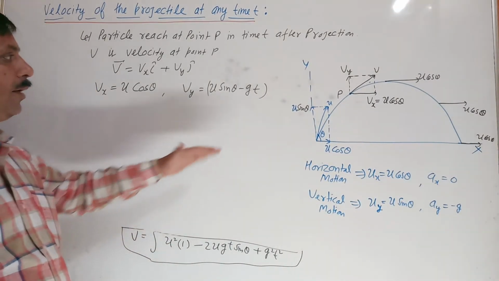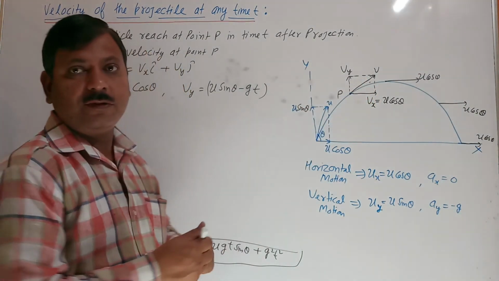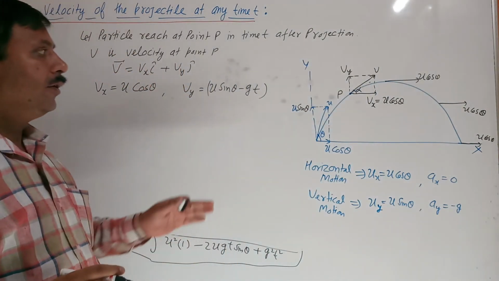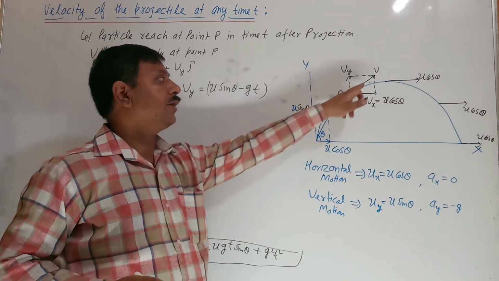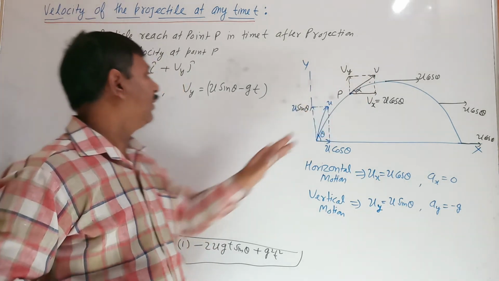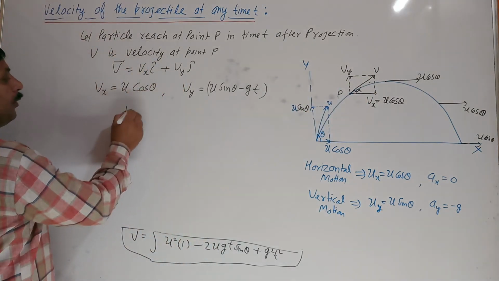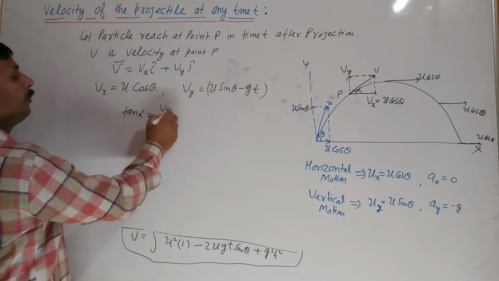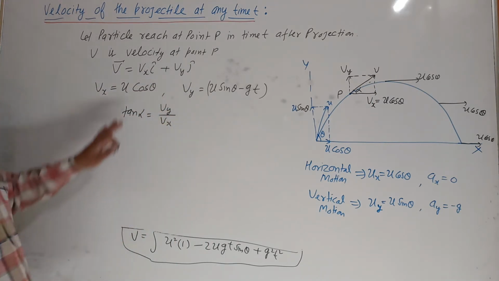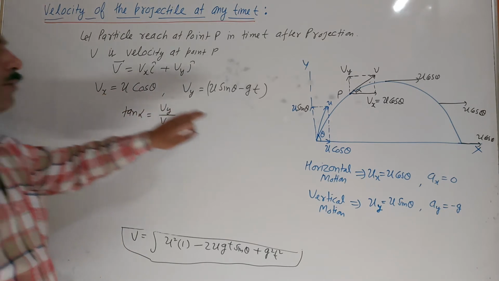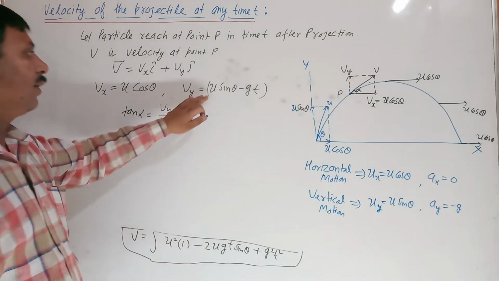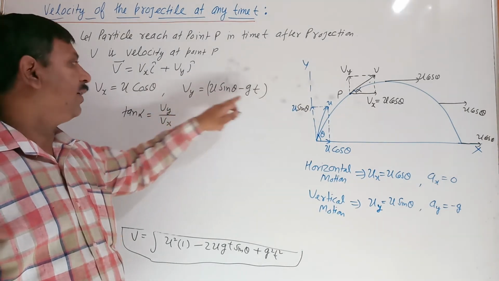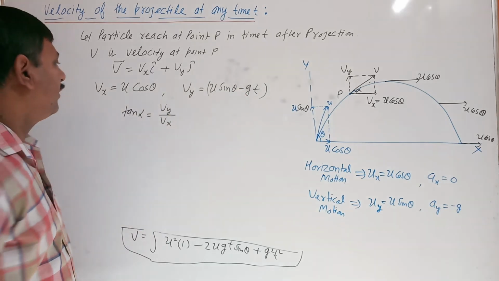What will be the angle made by this velocity? Suppose this makes angle alpha with the horizontal. So see here, if the net velocity makes angle alpha, what do we know? tan alpha is equal to what? Vertical component upon horizontal component. I have found the horizontal component is u cos theta, and the vertical component Vy is equal to uy plus at, that we have found as u sin theta minus gt.